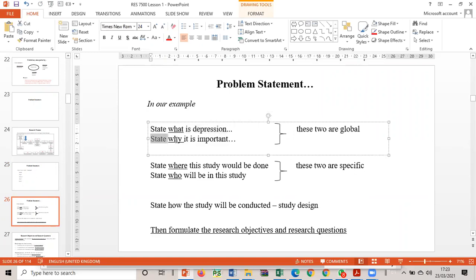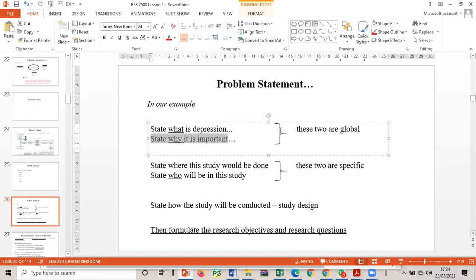Next, why is it important? Why that particular area is important. So these two are global. It's not specific to any place you're going to study: the what and the why. The what is employee resilience. Why is it important?